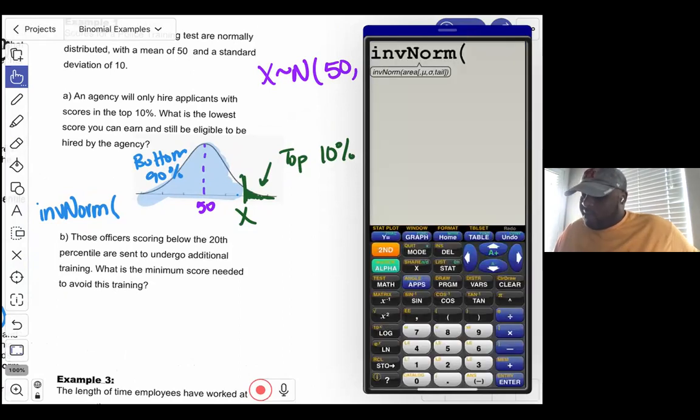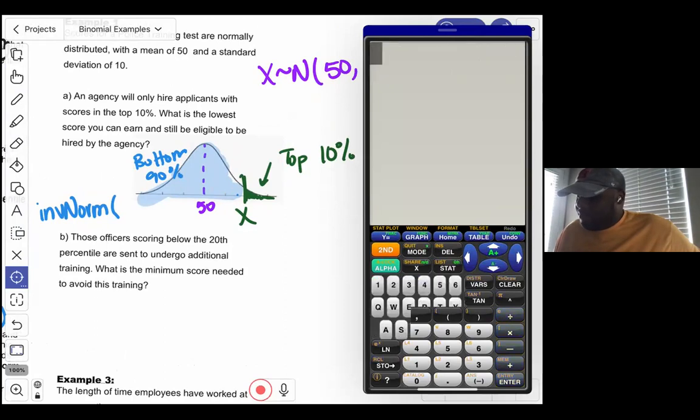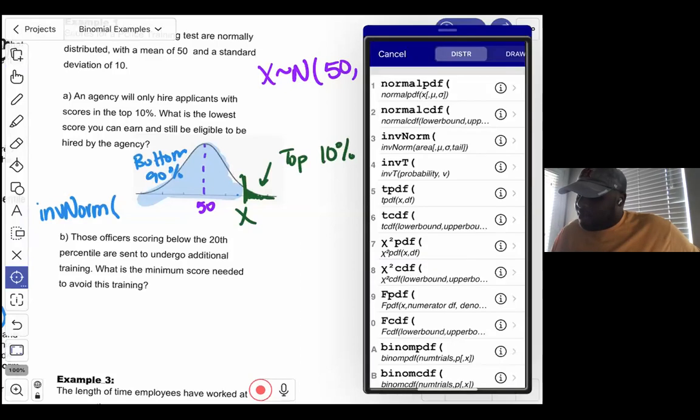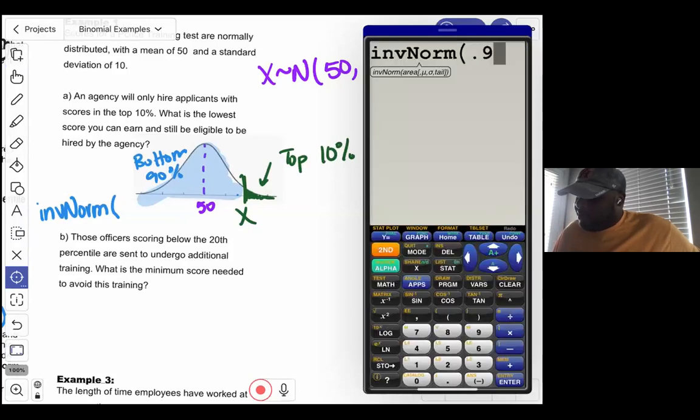An inverse norm wants you to give it a percentile first. And our percentile is the left side, the left area to this side. So it'll be as a decimal, 90% is 0.90. Then it wants a mean. Well, the mean here is 50. I'm sorry. 0.90, 50.